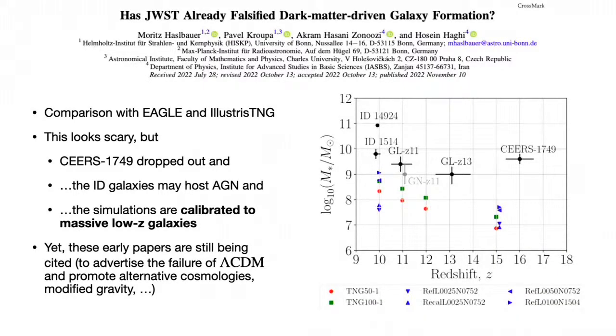This has turned out to be wrong. But if you look at the literature, there are still papers coming out that are citing works like that, saying lambda CDM is dead, so we need to consider other options. But really, take that with a grain of salt.